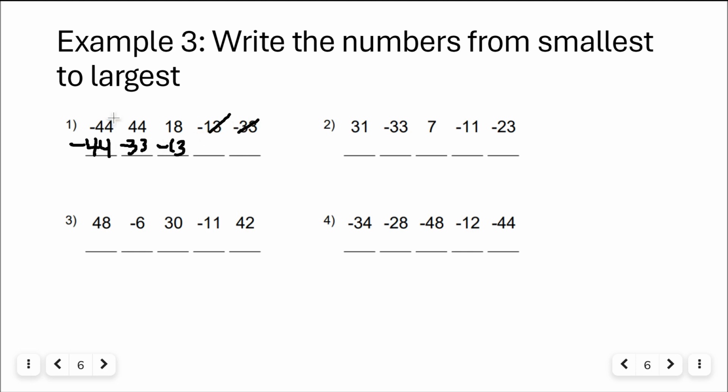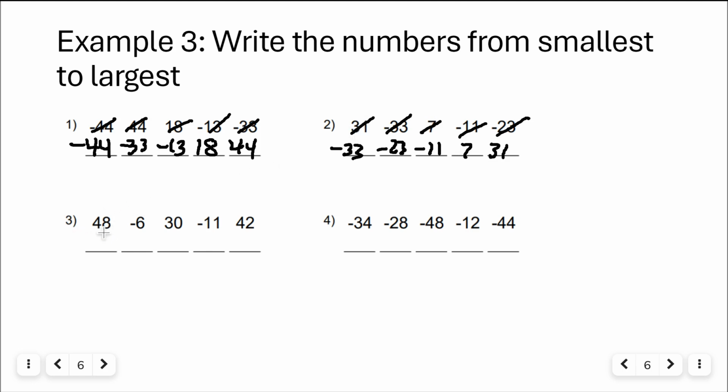You might want to cross them out as you go. That would help. It's going to help me. Next is 18, and then 44. Okay, 31, negative 33, 7, negative 11, negative 23. Smallest number, the one furthest to the left, is negative 33. Then negative 23, negative 11, 7, and 31.